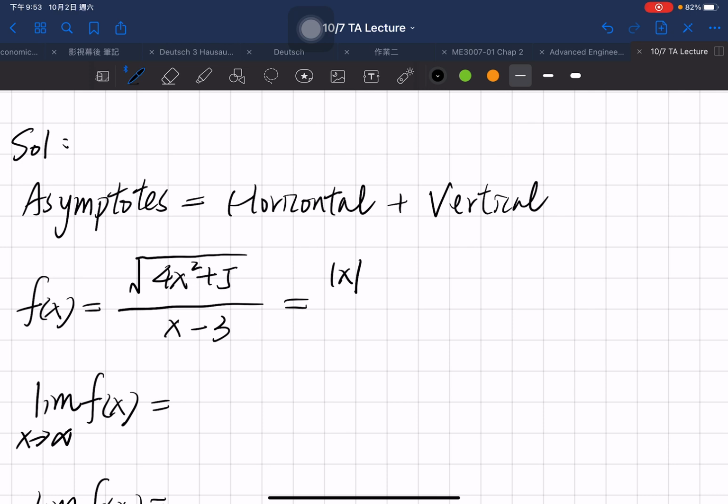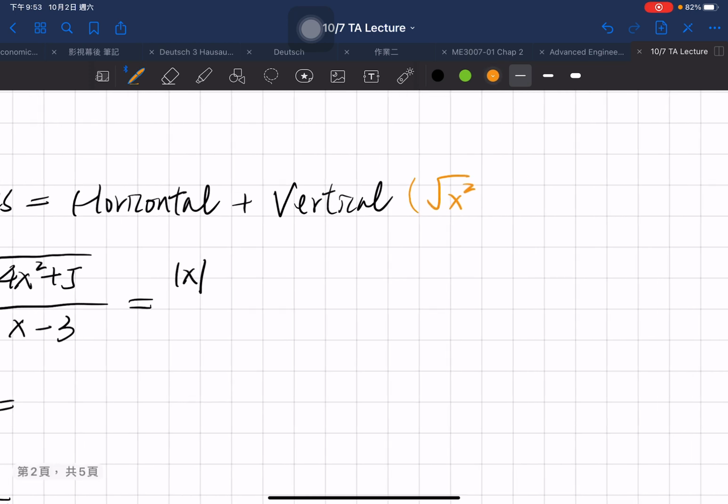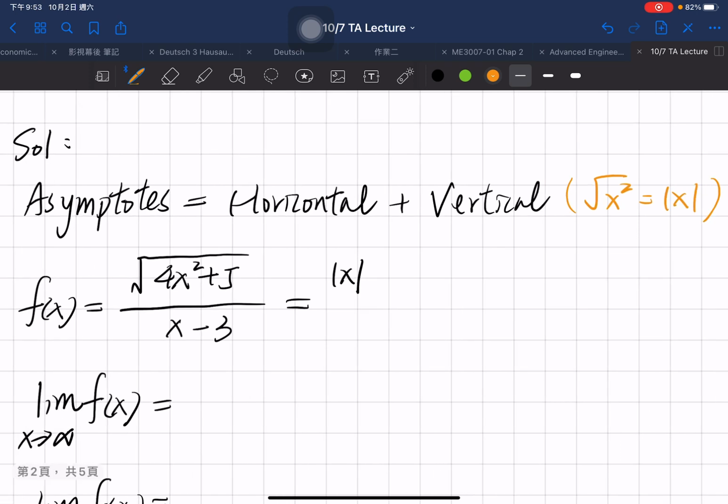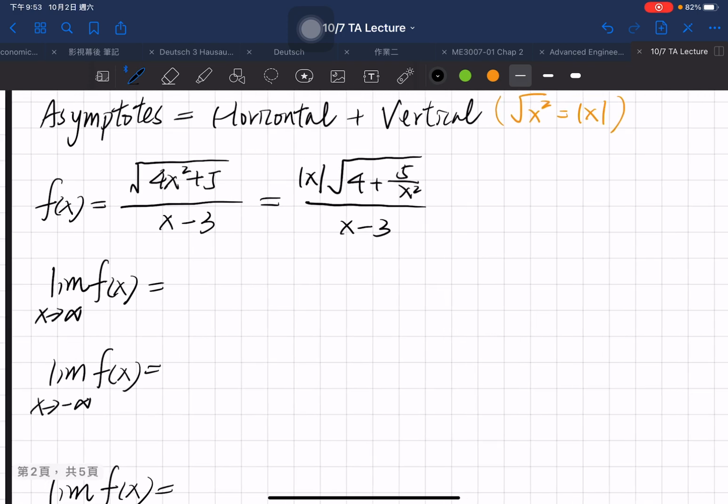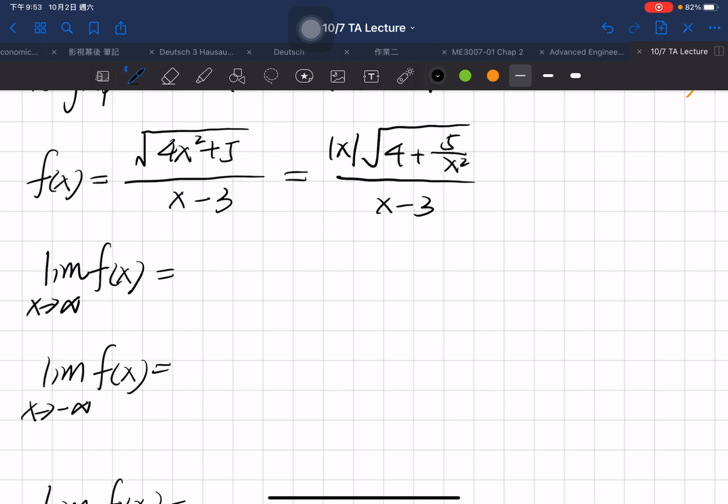Make sure that every time you take x squared out of the square root, it equals the absolute value of x. So we will get the absolute value of x times the square root of 4 plus 5 over x squared, and in the denominator, just x minus 3. Now we first find the horizontal one, so we start from the horizontal one.